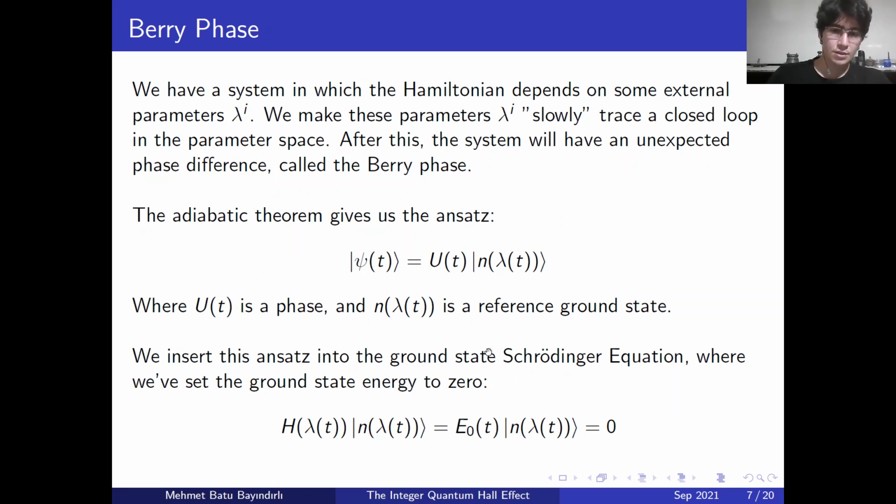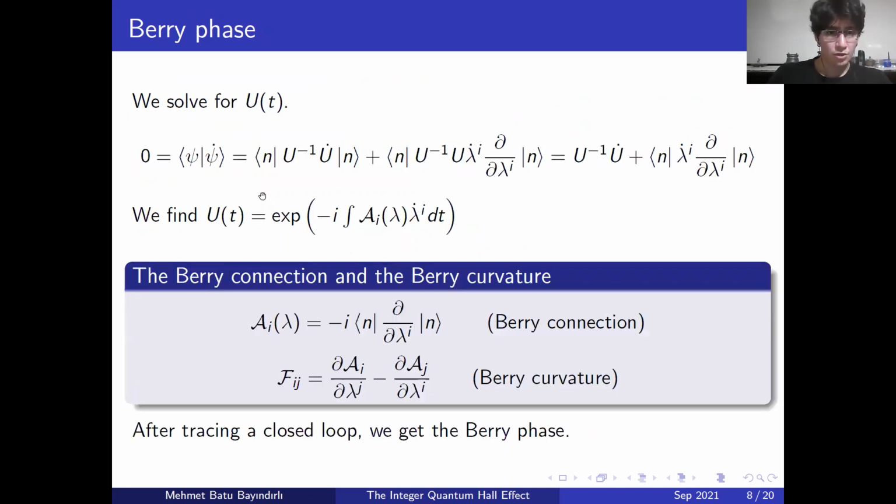We set it to 0. And after some computations, we find u to be this exponential, where we've defined this funny A i, which is called the Berry connection. It is defined as this value.